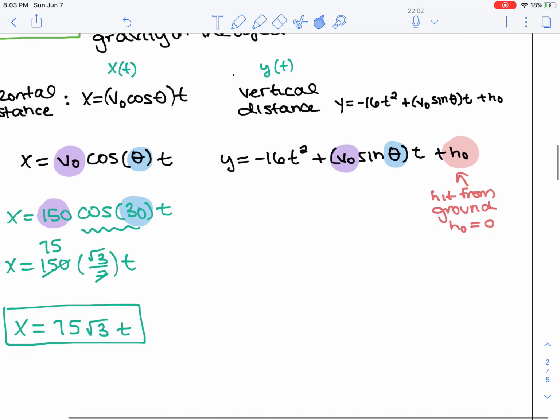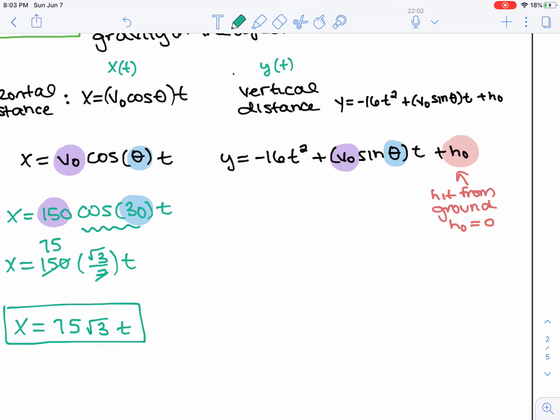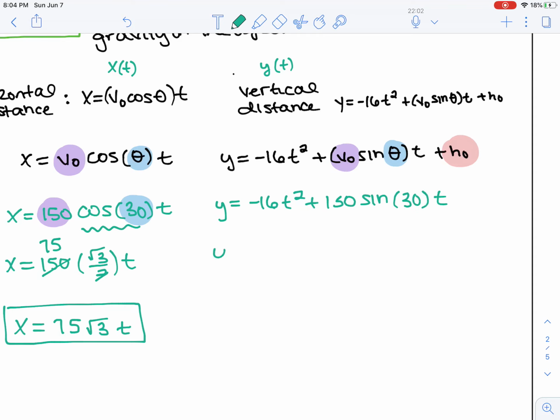Okay, so we'll go ahead and do something similar here with our vertical distance equation. That tells us that we have y equals negative 16t squared plus our initial velocity of 150. I'm going to go ahead and erase these notes here, but remember that our initial height is 0. So 150 sine of 30 degrees times t. And again, we can do some simplifying.